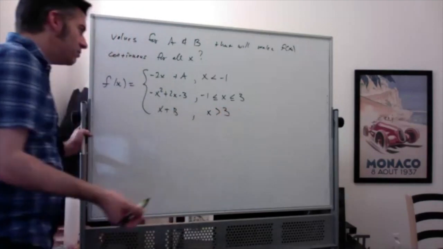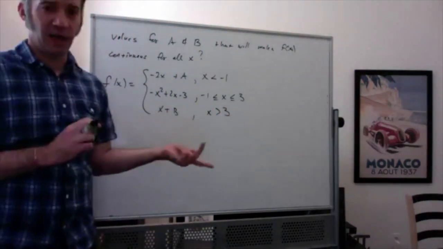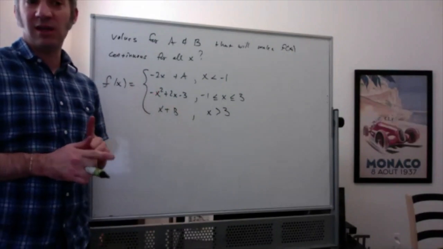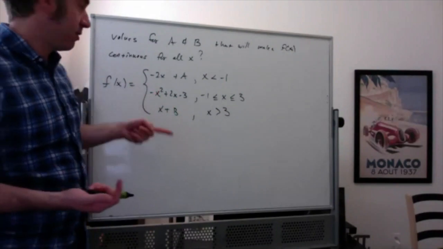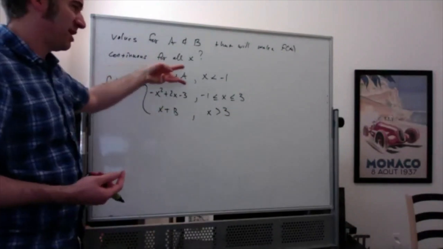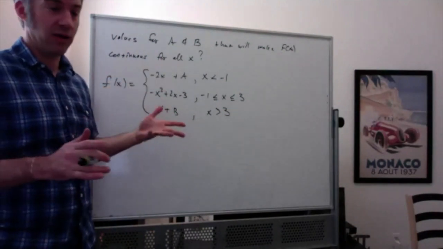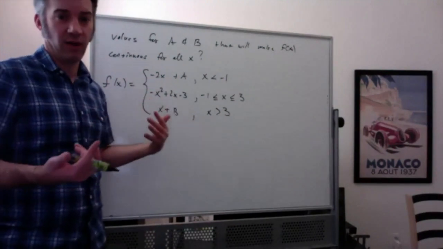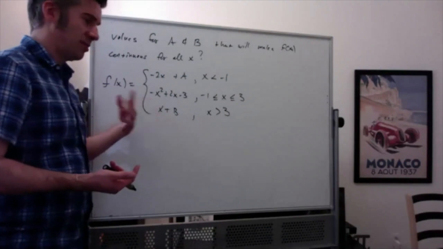So a couple things I will point out before we get going on this one. Thing one, this function isn't undefined anywhere, right? In each of these, and again, a and b are just constants. Negative 2x plus a is just a line. It's defined everywhere. Negative x squared plus 2x minus 3 is a parabola. It's defined everywhere on this domain. And x plus b is a line.